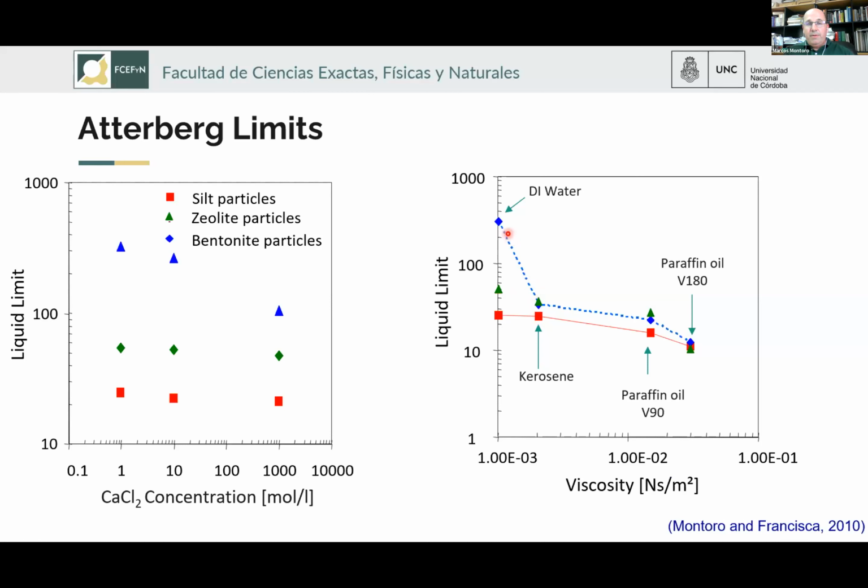We also found an important reduction in the liquid limit values for all the three types of particles, and the reduction was more important for the case of bentonite particles. We also observed that the liquid limit value reduces with the increase of the viscosity value of each of the testing fluids.